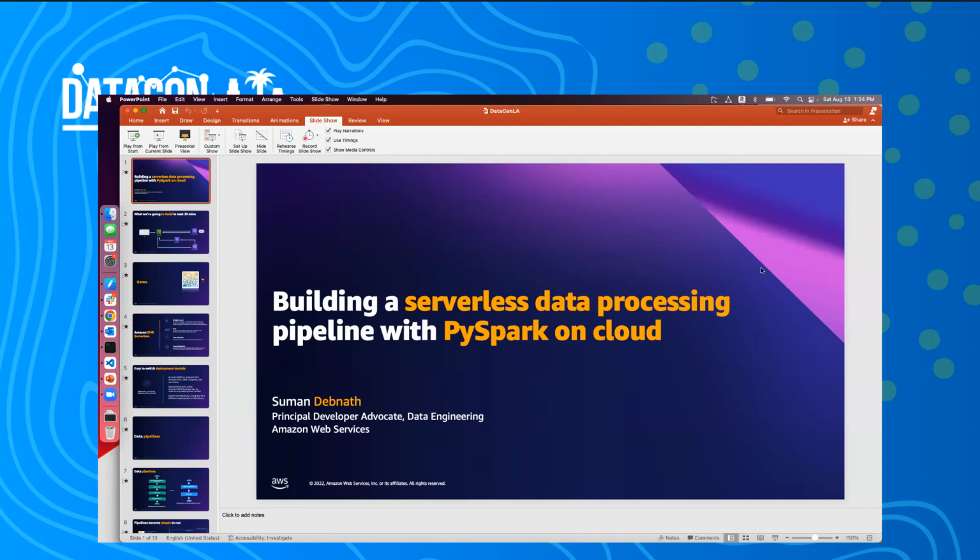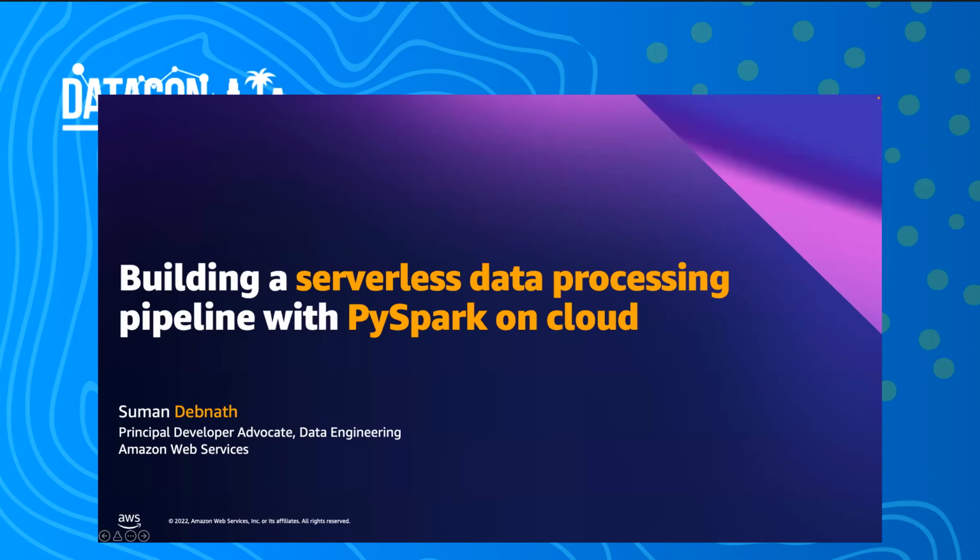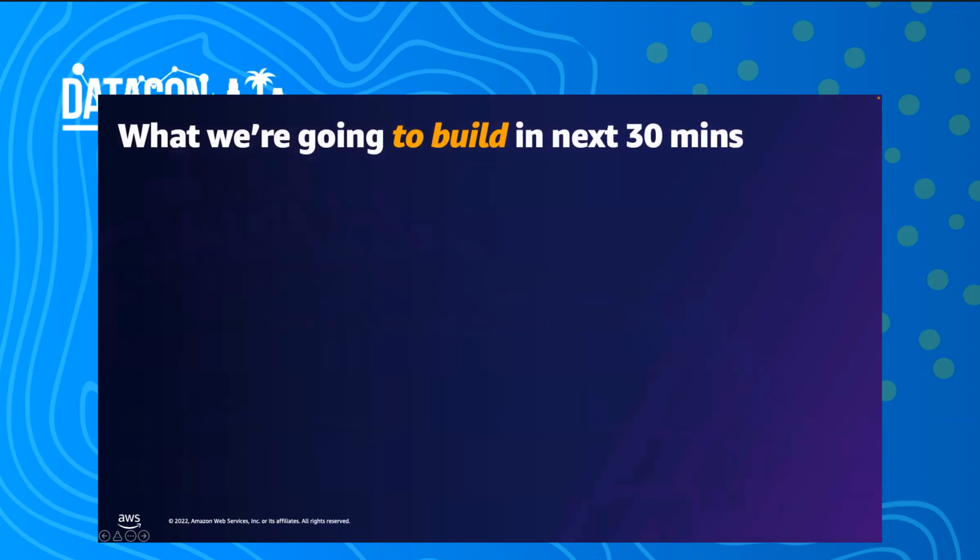So what we're going to do is build a data pipeline, a very simple data pipeline, in 30 minutes or so. The idea is how you can make use of serverless in your data processing pipeline.